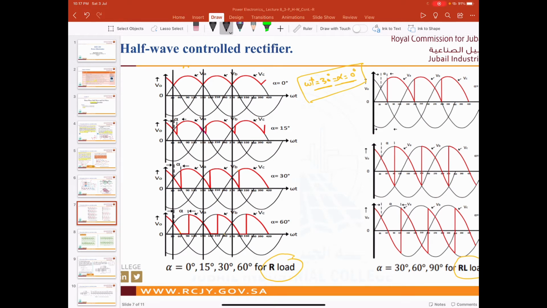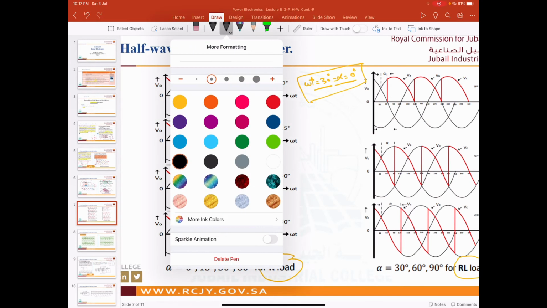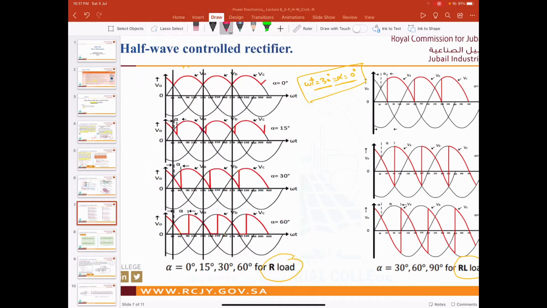Here we can write, guys. Okay, here we can write alpha is 0 for what? For Q1. Alpha 1, we can say alpha 1. Here for this line, we can say alpha 2 is equal to 0, right?